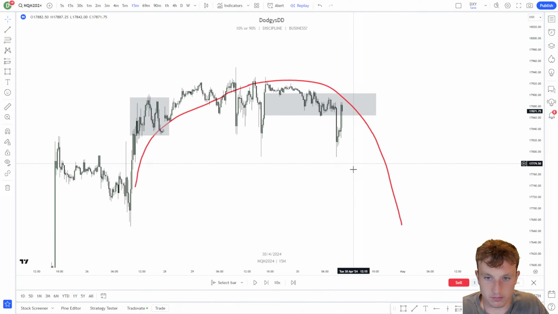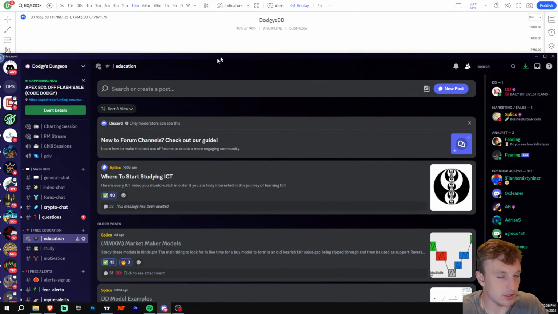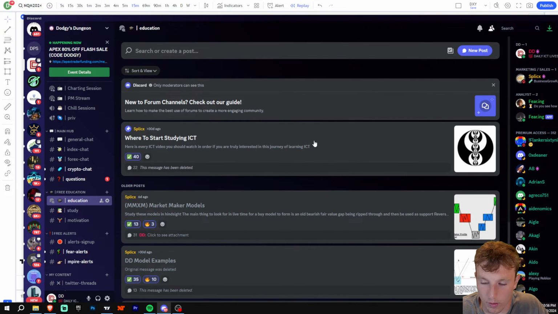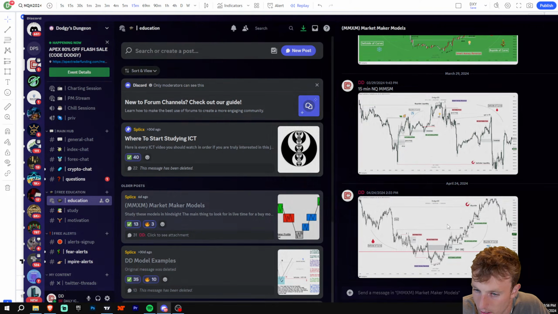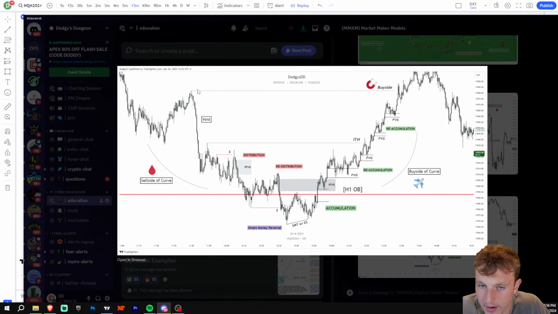If I go into my Discord, to the education section, and I go to where to start or market maker models, they all start with a very high peak. You get this really nice curve.